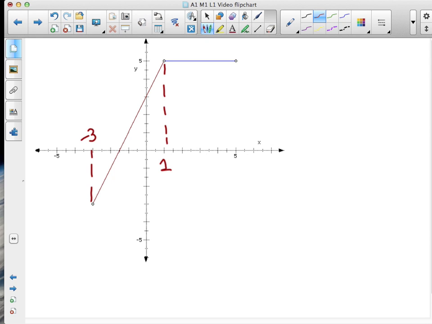So from -3 to +1, it is increasing. From +1 to +5, it is staying the same.